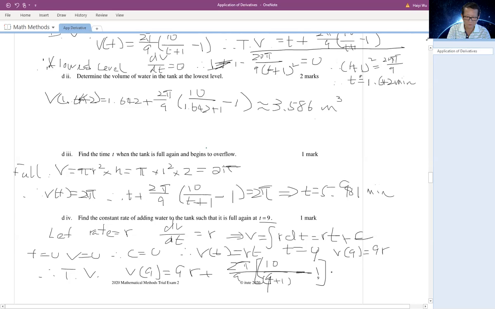Therefore we can solve for r. Full again means the volume equals 2 pi. So then we can solve for r. So r will be 2 pi over 9, roughly about 0.7. So that's the constant rate of adding water in cubic meters per minute. All right, that's it.